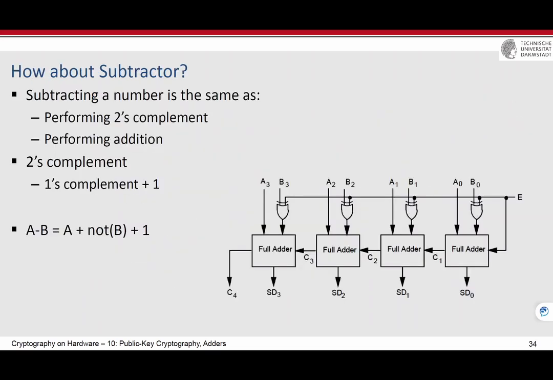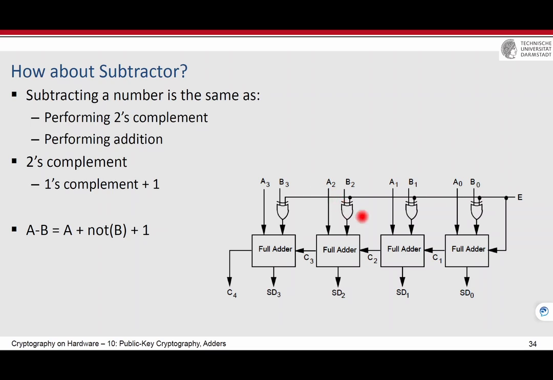Now, what else? You have seen that sometimes in the implementation you also need to do subtraction. Why? Sometimes you need modular addition, and for modular addition you need to check whether this is larger than something or not, and then subtract it from the modulo. For that, you need a subtractor, which you can also implement easily.